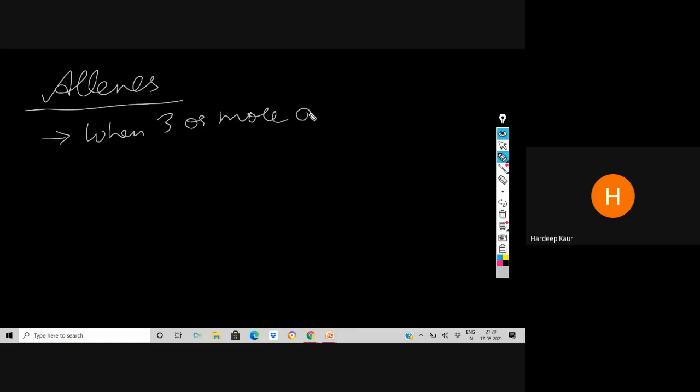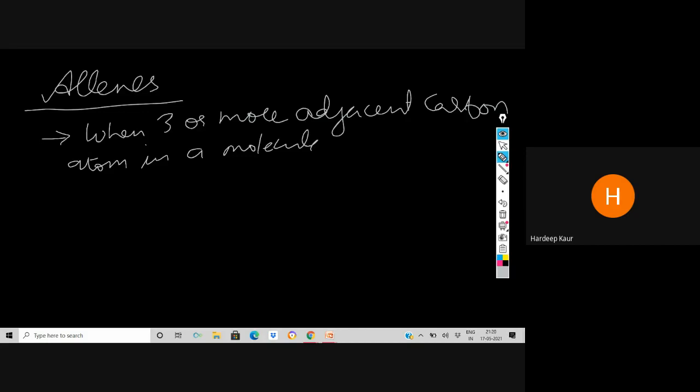So today we will discuss the allenes. So these allenes, when three or more adjacent carbon atoms in a molecule are bonded by double bonds, the compound is called cumulene.